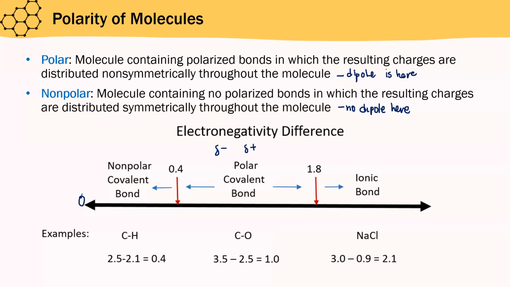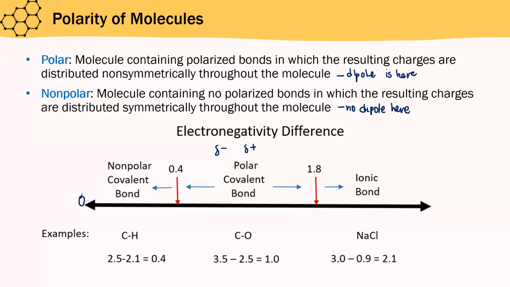But an electronegativity difference of 1.8 and above means that there is a very big discrepancy between the electronegativities of two atoms. So instead of just pulling the electrons from one side of the bond to the other, it will actually get the electron. This is common if you have a metal and a non-metal, such as in ionic bonding.